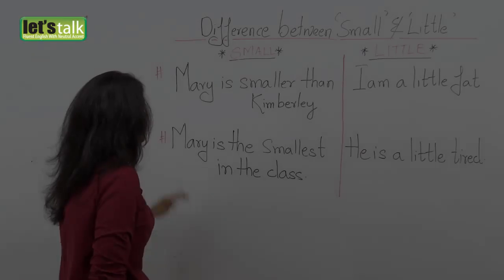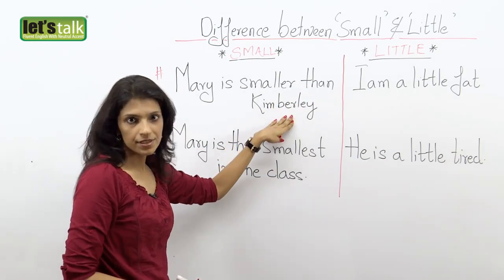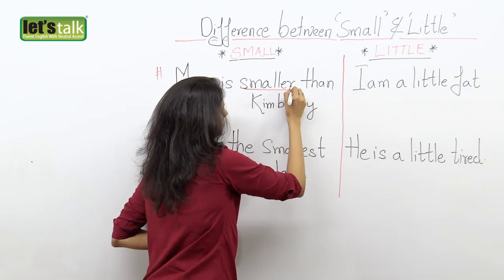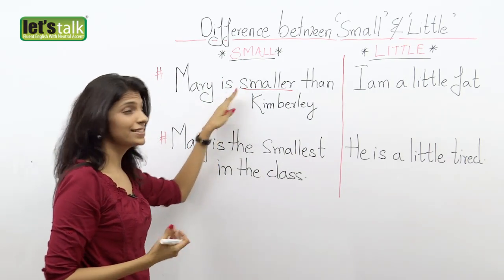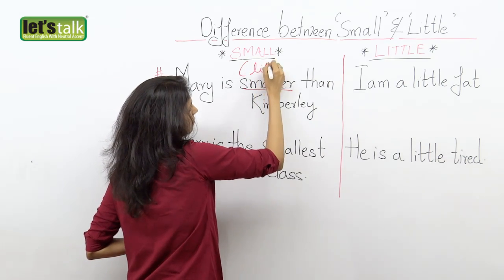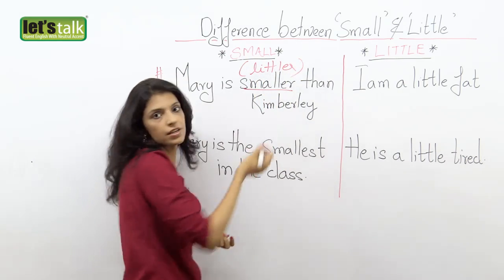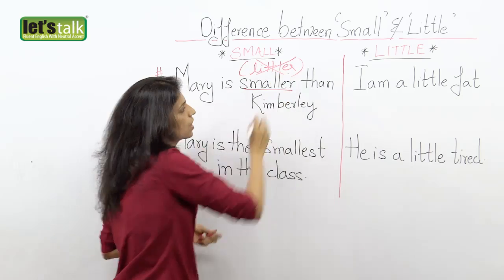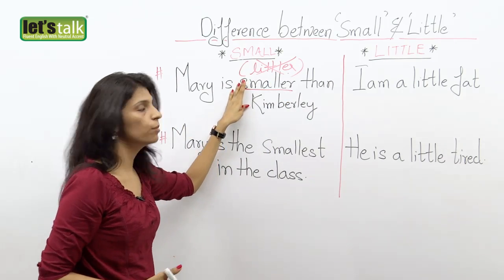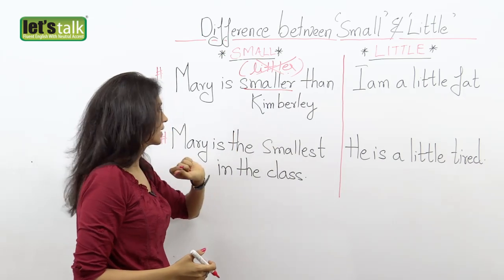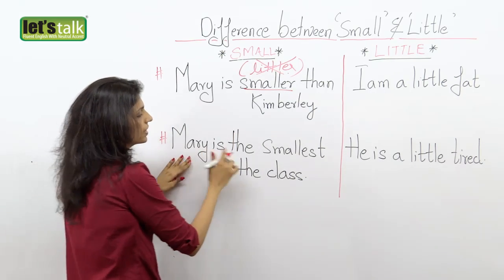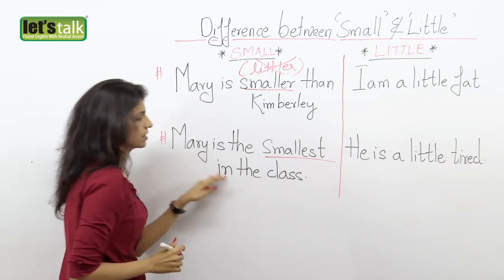Mary is smaller than Kimberly. Now here we are using small in its comparative form. Can I say Mary is littler than Kimberly? No. Little has no comparative or superlative form. So we say Mary is smaller than Kimberly. In the next sentence, Mary is the smallest in the class.